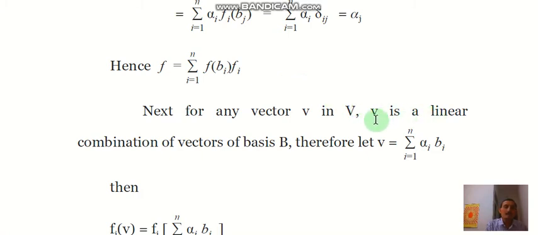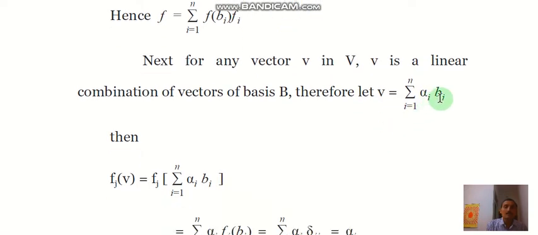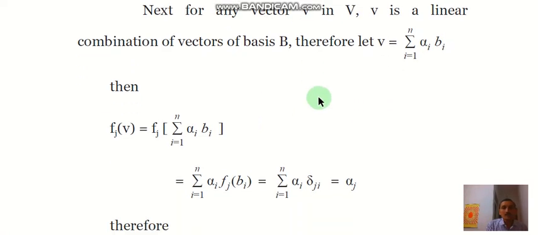v is a linear combination of the vectors of the basis of V. Therefore we can write v equal to the summation, i varying from 1 to n, of alpha i bi, and now we have to calculate these alpha i's, and for this we apply the linear functional fj on this equation.